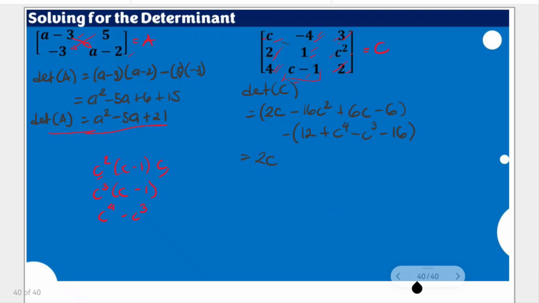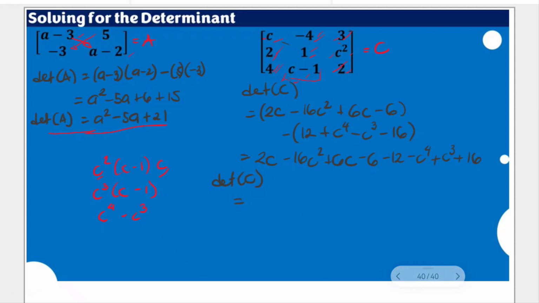You have 2C minus 16C squared plus 6C minus 6 minus 12 minus C to the power of 4 plus C cubed and plus 16. Let me check the signs. You have positive to negative, negative to positive, negative to positive. Okay, that's right.